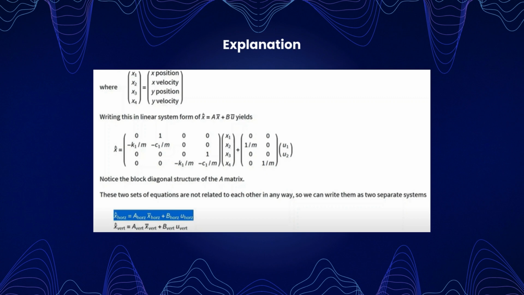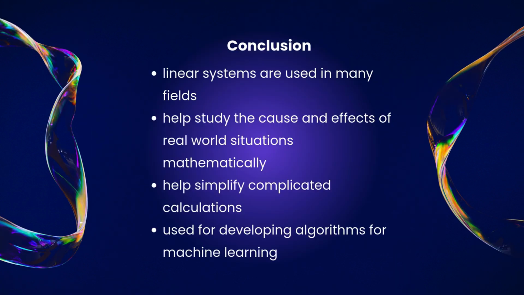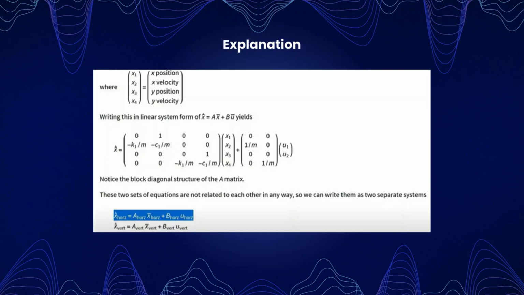So x1, x2 is always zero here. That means the y-axis will not affect the x-axis. So basically that's the idea. You can separate the whole matrix into two different sets of equations. So then you can separate into horizontal and vertical, or for this one, lateral and longitudinal. So that's basically one of the examples of how a linear system is applied in this RCAM model.